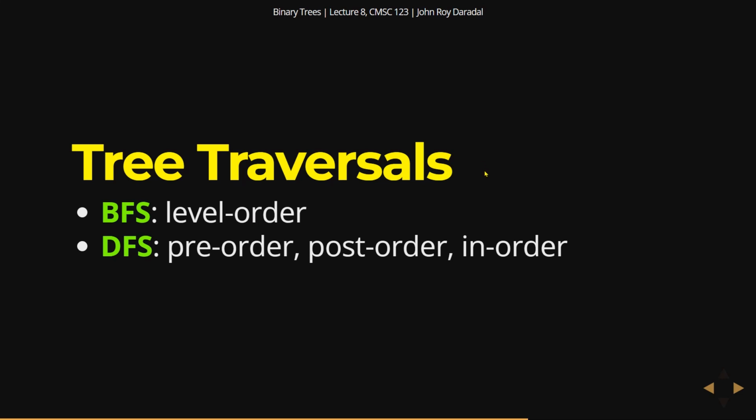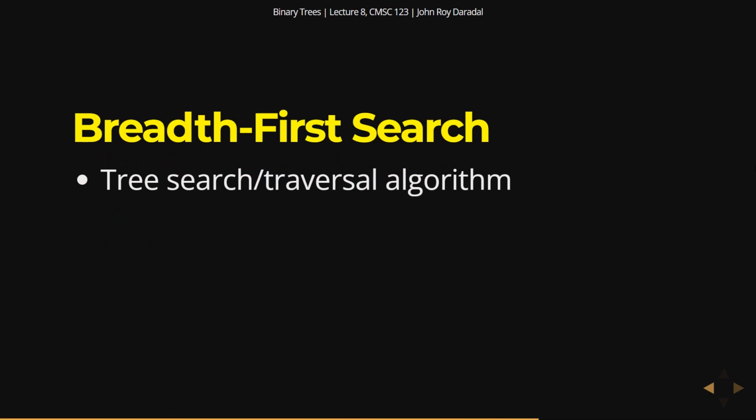Before we look at the tree traversal algorithms, let's first review the difference between BFS and DFS. I'm sure you've already encountered these terms before, probably in a previous ComSci subject, but let's review them to refresh your memory.